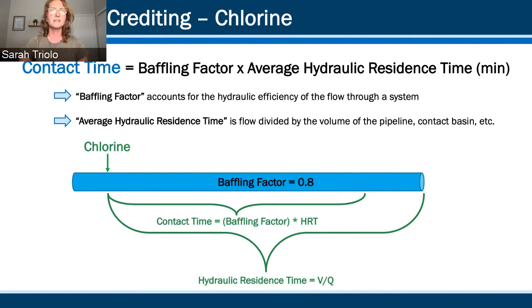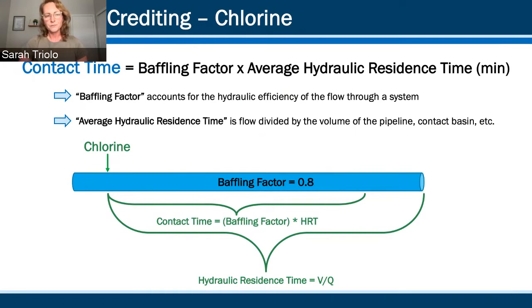In an ideal contactor, all of the water would move through and spend exactly the same amount of time in the contactor. But in reality, you end up with a distribution of time that the water spends in the reactor. Some of the water is going to leave the reactor faster than your average hydraulic residence time, and the baffling factor accounts for that fact.